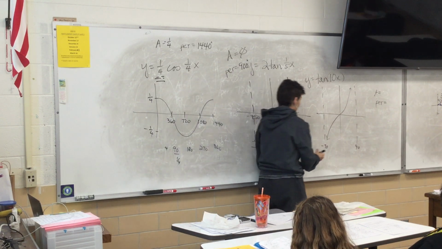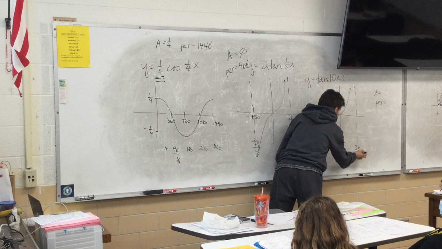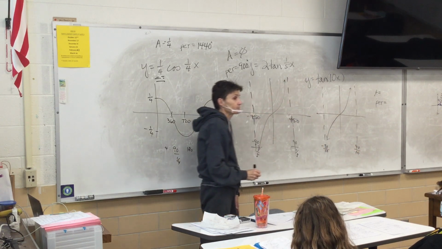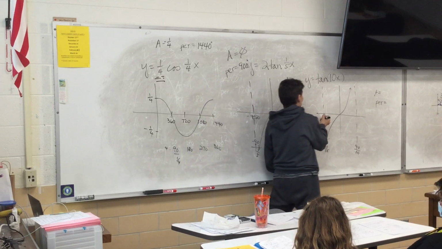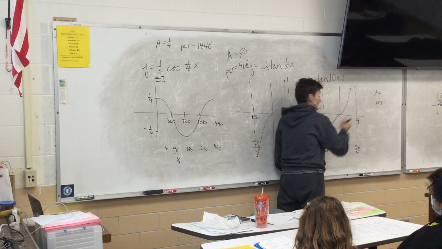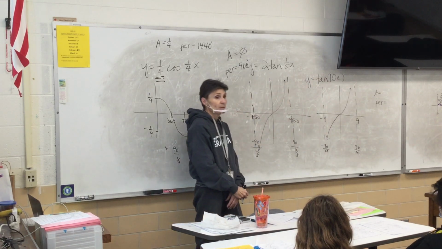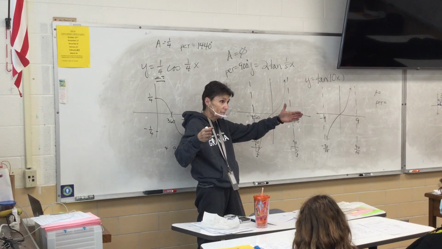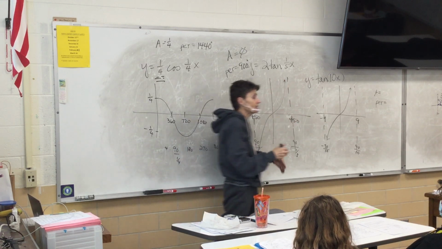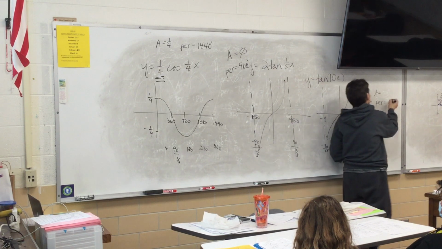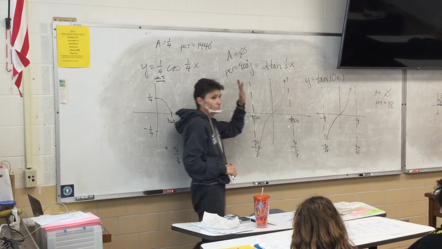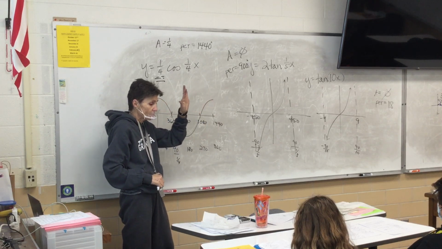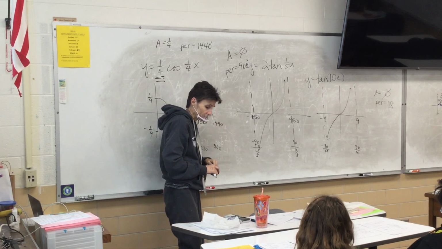Divide by 10. So the asymptotes are at negative 9 and positive 9, which makes the period beginning to end what? 18. And there is no amplitude. How many of you got that one right all by yourself? Oh, you were awesome human beings. Good job.